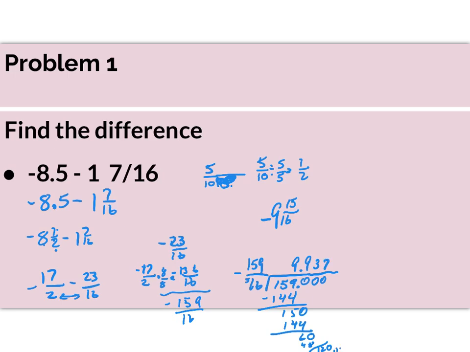I'm running out of space. 8, put a 0, 80, 5 times. 5 times 16 is 80. I'm sorry, I ran out of room and it got kind of sloppy on you. But as a decimal, this equals 9.9375. So there it is both ways for you. I could have turned 7/16 into a decimal, but I've done that several times, so I just wanted to show you the other way.